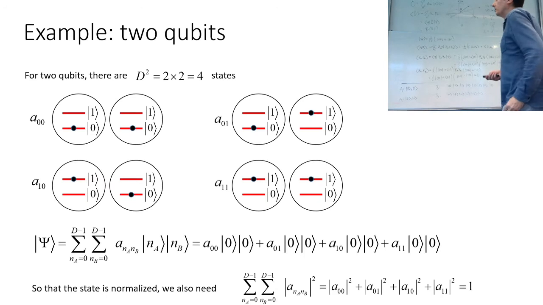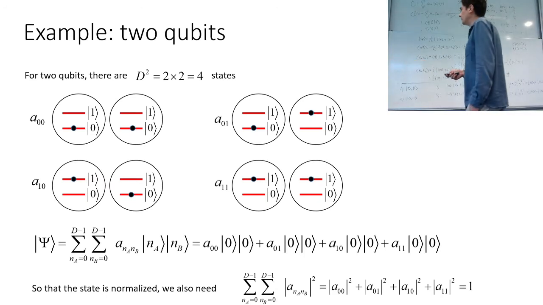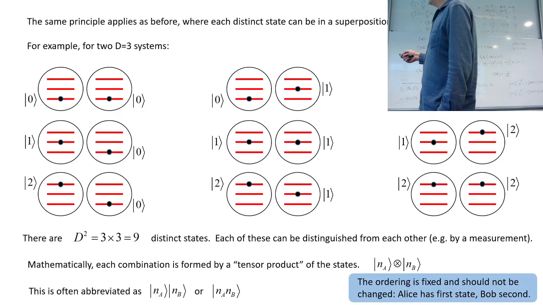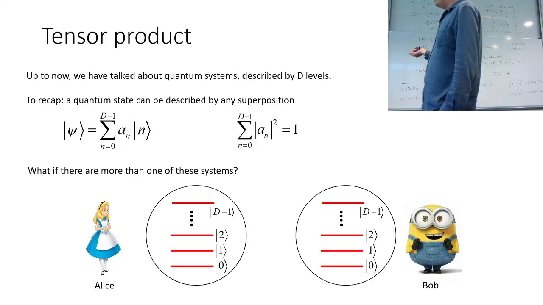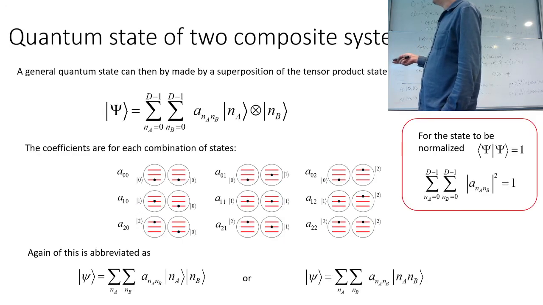Okay, so let's just quickly recap it so that you can stop me at the parts that are confusing. So if you've got two systems, then the idea is that the total wave function can arise from all possible combinations of the states of a single system.